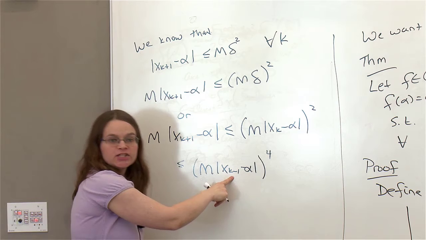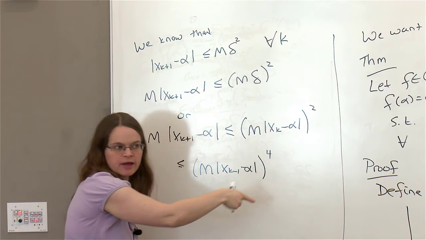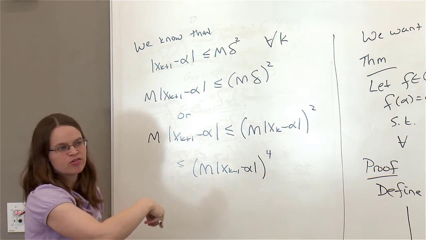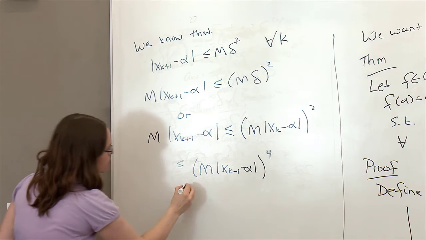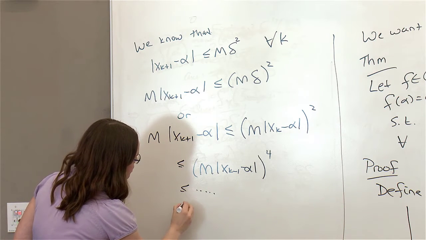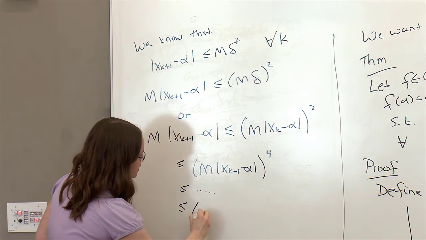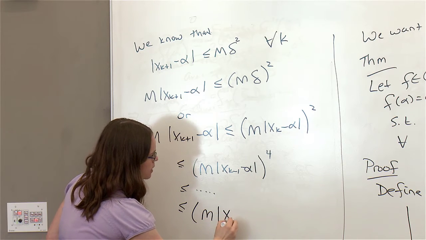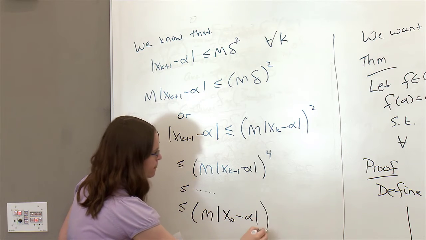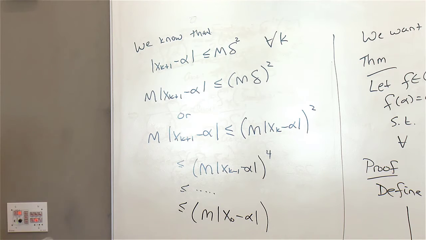Again, I could go back to k minus 2, and it would just get squared again. I could go back to k minus 3, it would get squared again. So we can keep going with this all the way back to my initial guess. And now we've squared this k times.